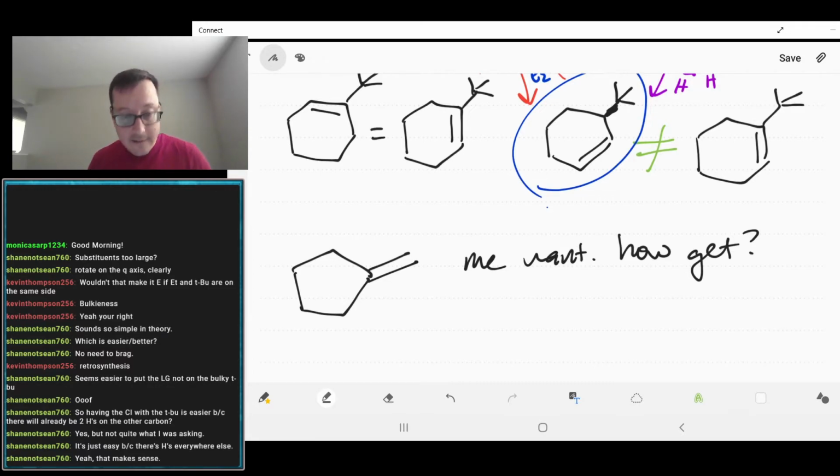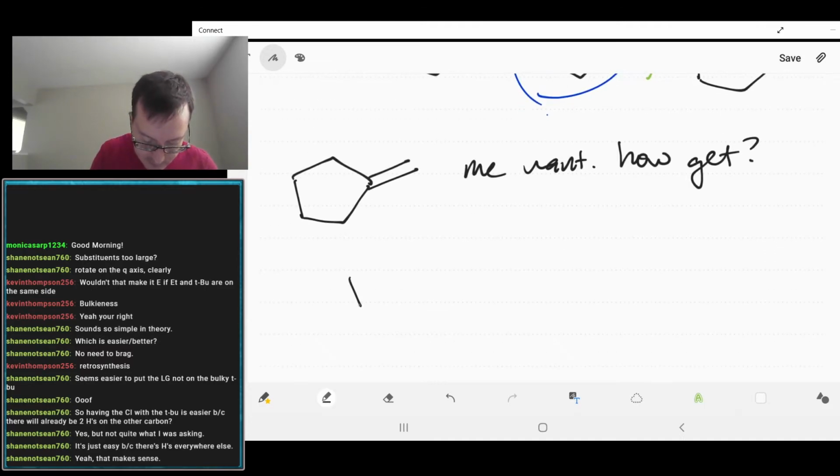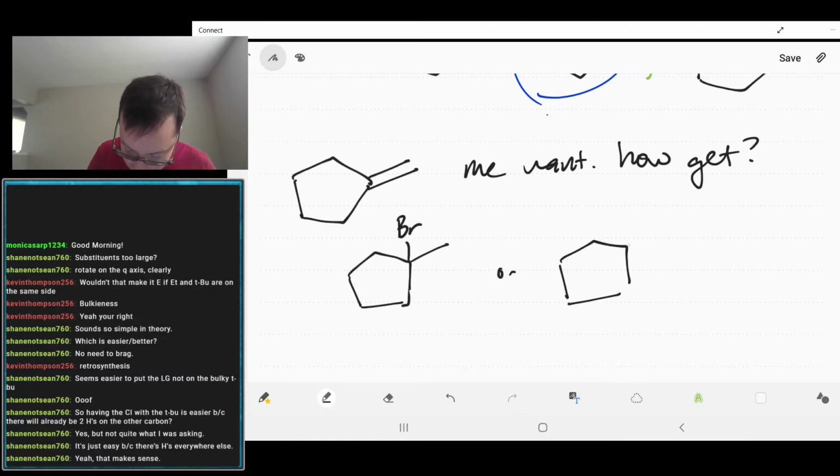Well, again, let's look at it using 2 options. So we're going to get rid of our double bond. We're going to say, aha, well, we can put our leaving group here, or we can put it on the other side.